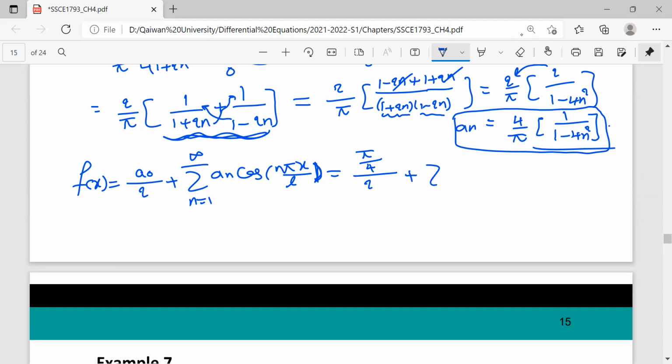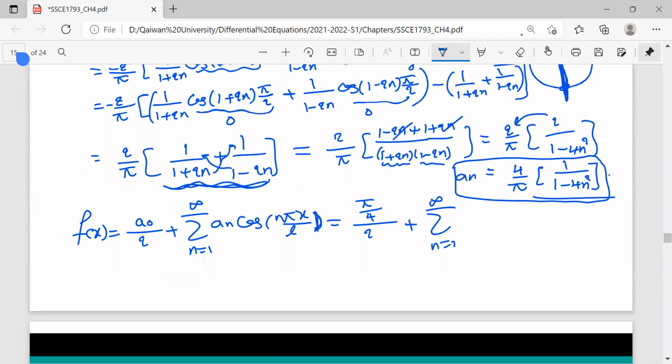Plus the sum from n equals 1 to infinity, where a sub n is 4 over pi times 1 over 1 minus 4n squared, times cosine n pi x over L. L here is pi over 2, so these cancel and you get cosine 2nx.